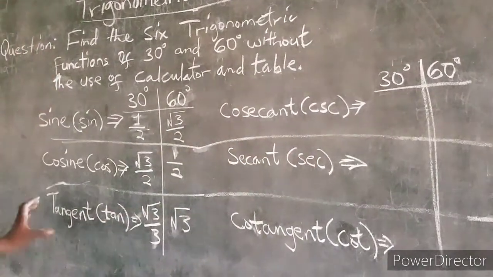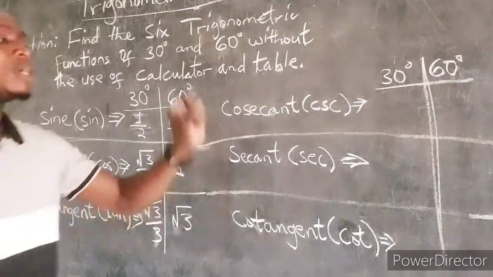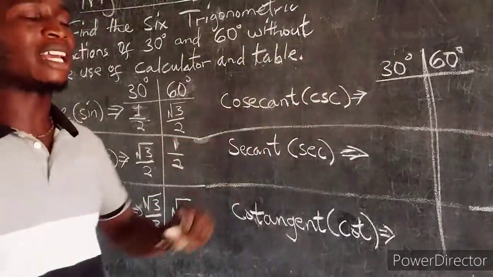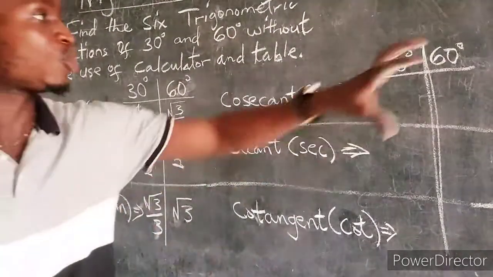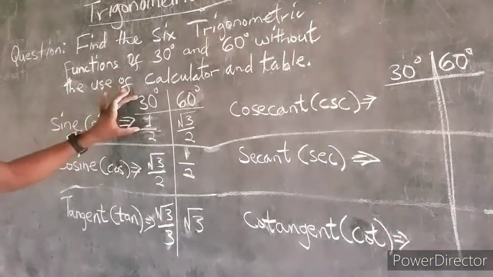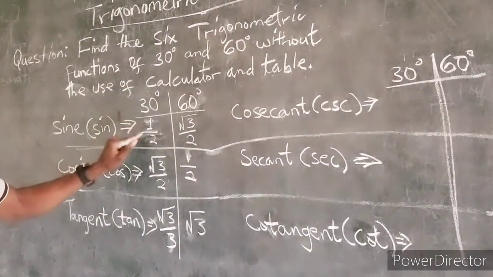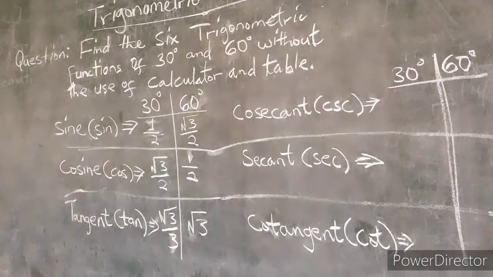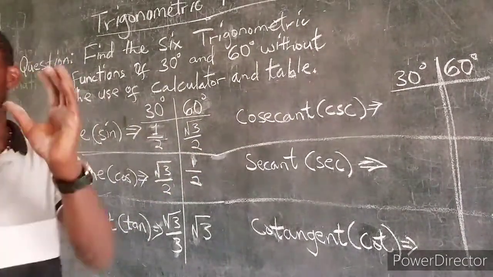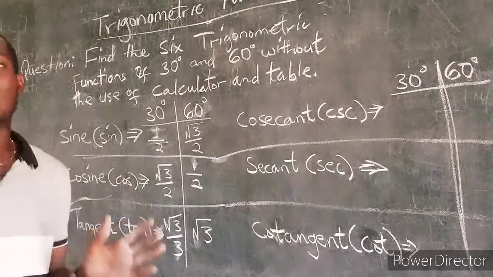And the opposite for tangent is cotangent. So we just come and see sine 30 degree. Since sine 30 degree is 1 over 2, the opposite of 1 over 2, which is cosecant 30 degree, will be 2 over 1, which is just 2. So that's how we're going to analyze it, and it's very easy.